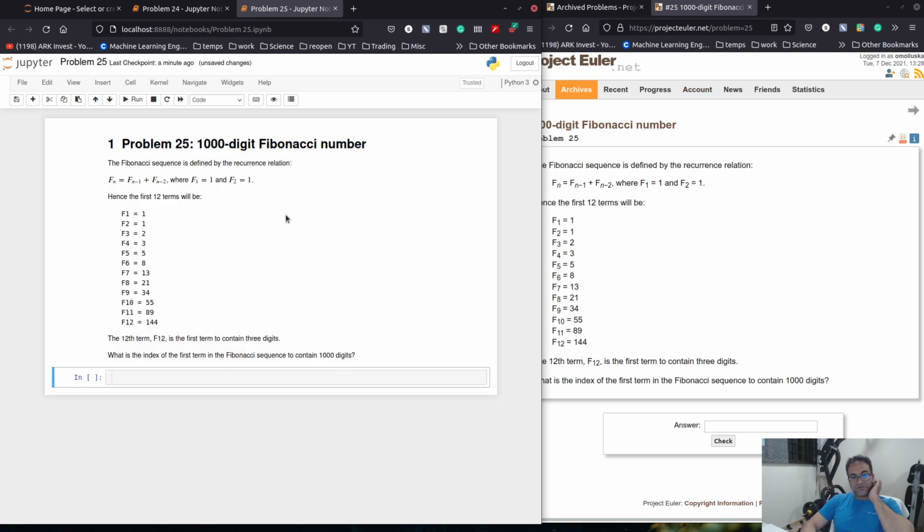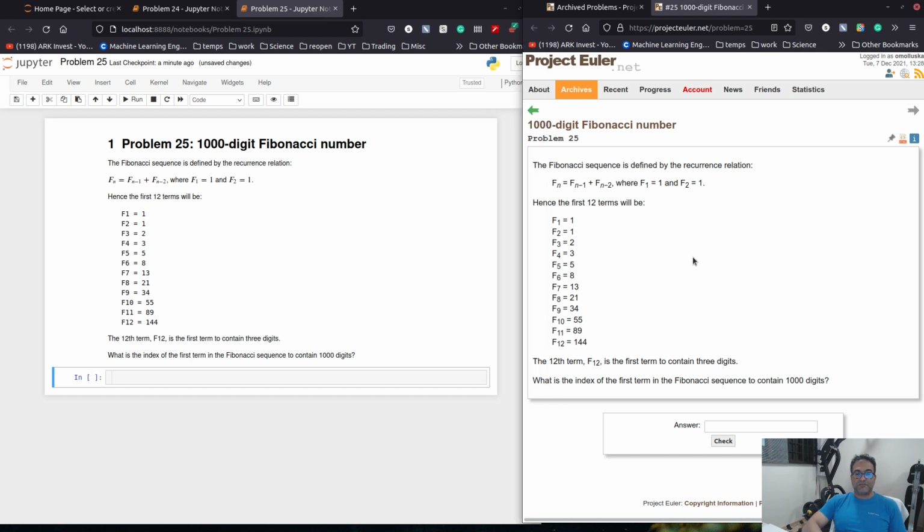Okay, so that's the Fibonacci sequence, and we all know what the Fibonacci sequence is. If you have been coding for a while, then this will be very familiar to you. Depending upon whether you start with 0 or 1, the sequence will be different, but in this specific case, F1 is 1 and F2 is 1.